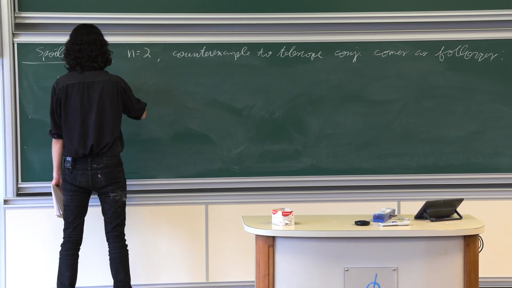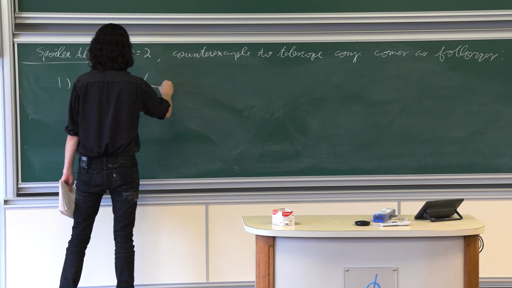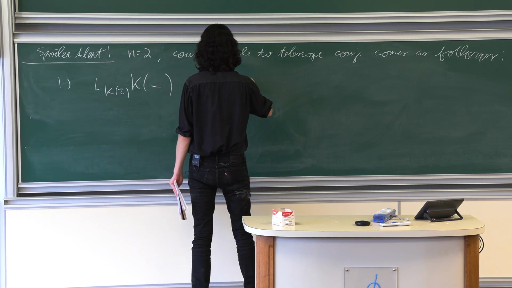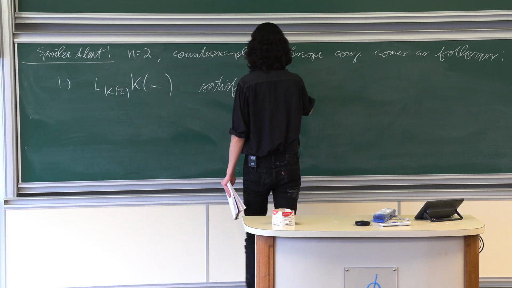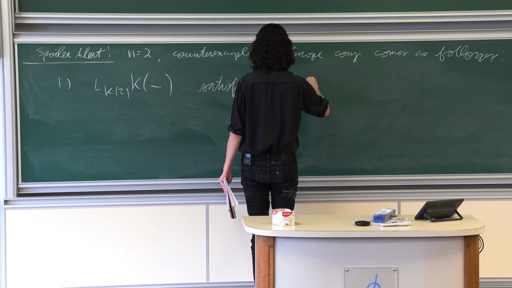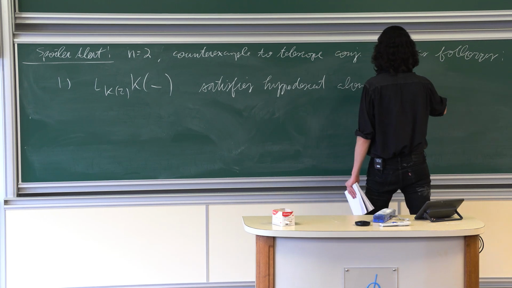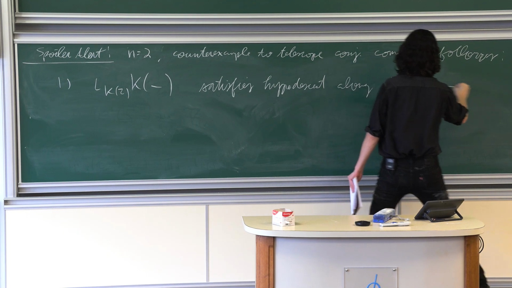One is that if you take the K2 local K theory, then you get hyperdescent along this tower from the K1 local sphere to E1.